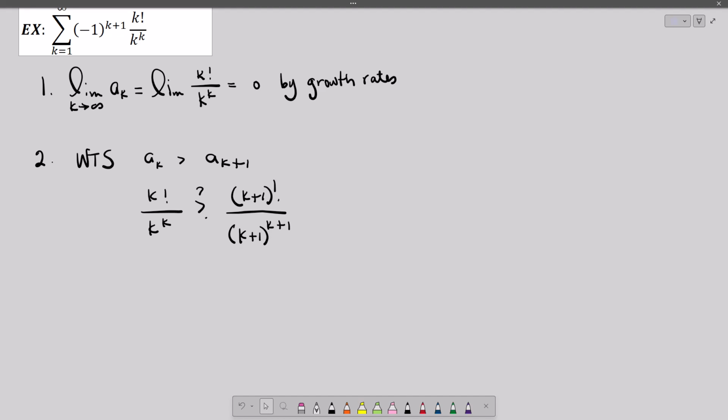Let's go ahead and do the thing that we did on the last one. Let's put all the factorials on one side, and let's put all the non-factorials on the other. So I'm going to rewrite this as k factorial divided by, I think you're comfortable writing that this way now. And then over here, we're going to put the k to the k on top. Down here, we're going to write this as k plus 1 times k plus 1 to the k.